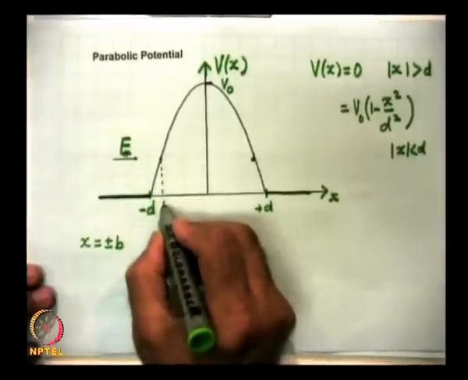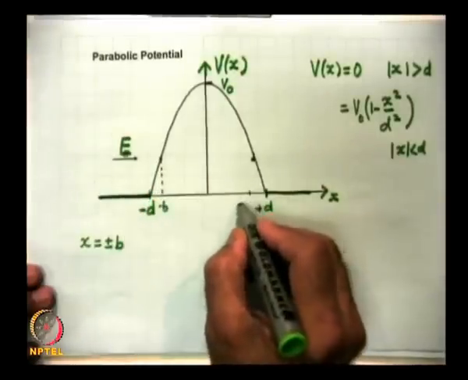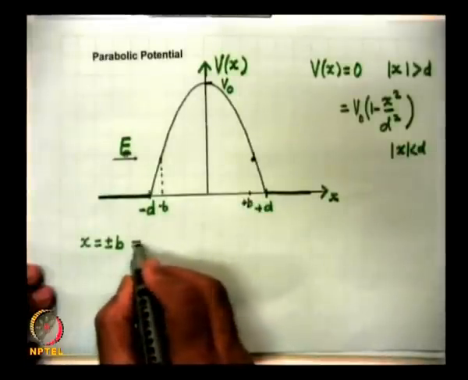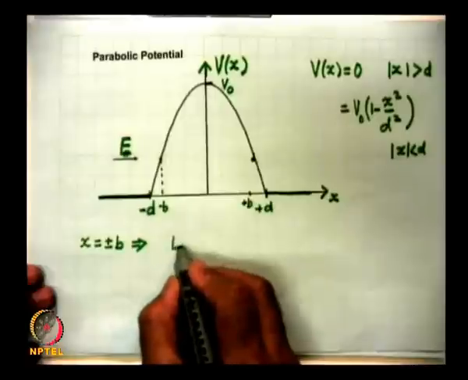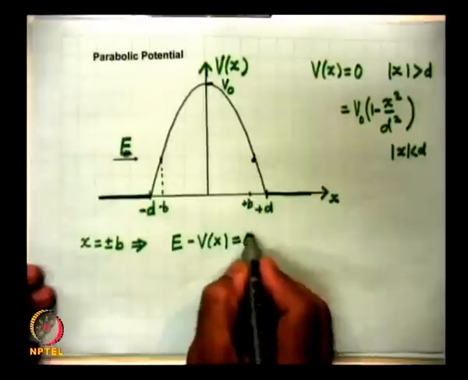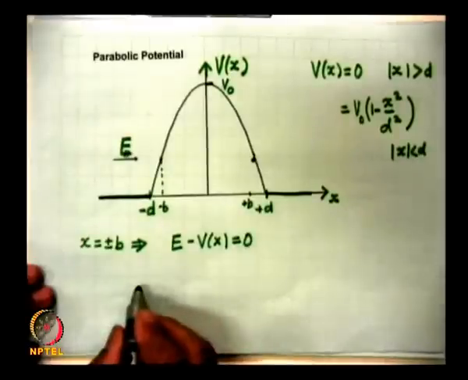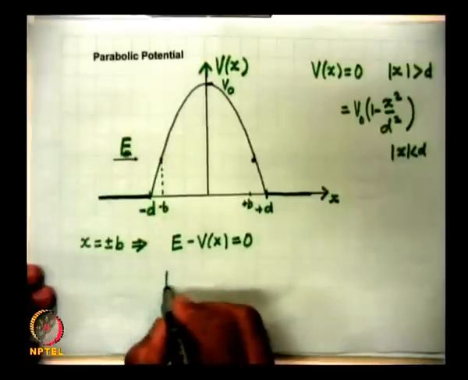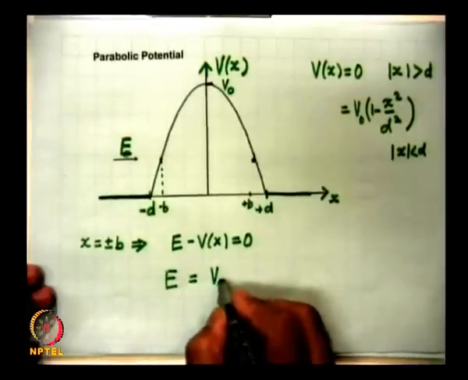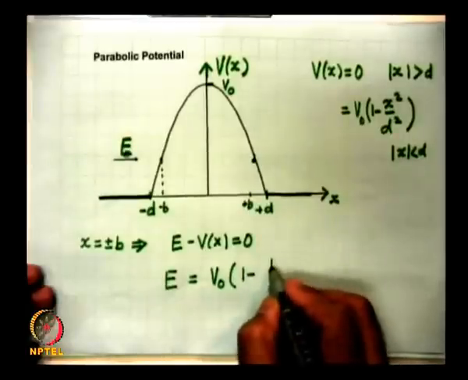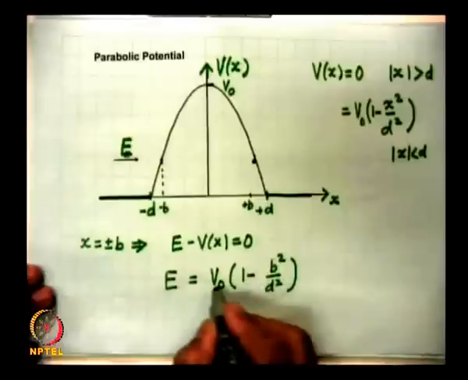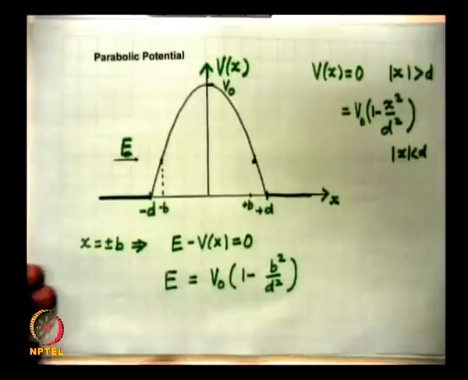Let this coordinate be minus b and plus b. So, at x is equal to plus minus b, E minus V of x must be 0. These are the definitions of the turning points. So, E is equal to V of x, that is V 0 times 1 minus b square by d square.